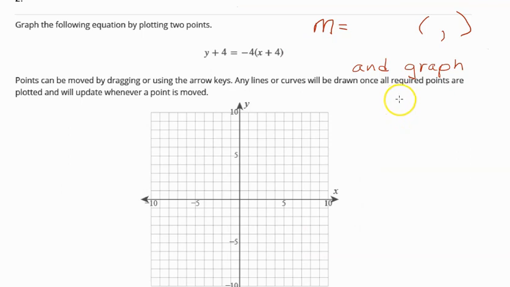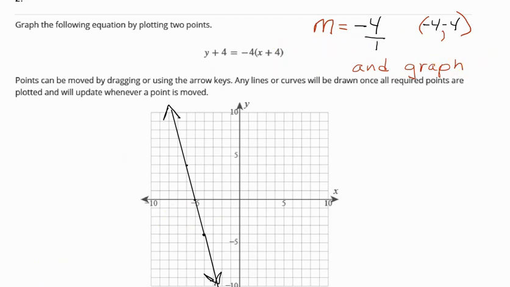Now, as we go on to our next example, what I'd like you to do is to find the slopes. You're going to put an m, ordered pair, from the point slope form and then graph it, and we'll see what you get. So, something like this.